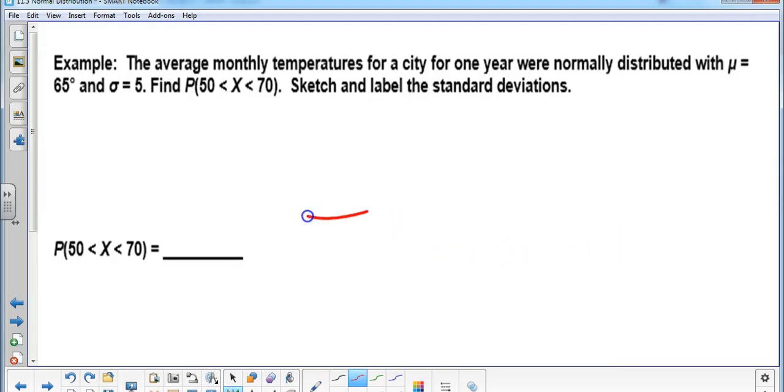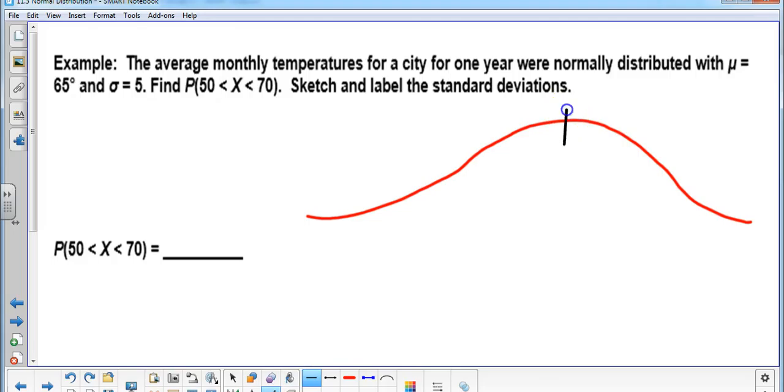calculator. Sketch one, and mine is not going to be good, I promise. And then we need to put in the mean and the standard deviations. If we go 4, okay, the first one, they should be the same distance apart.